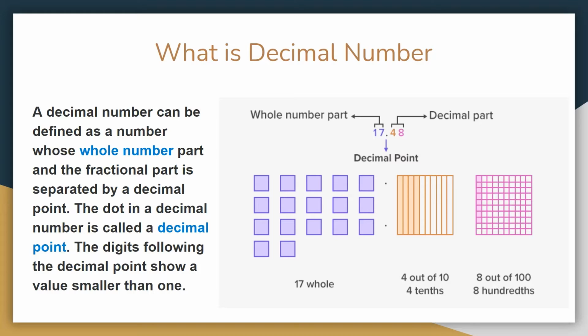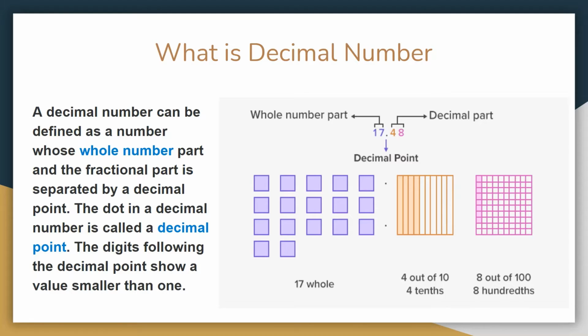That means the whole part is 17, and after that 4 is separate and 8 is separate. We read it as 17.48. The middle point which differentiates the whole part and the decimal part is called the decimal point.